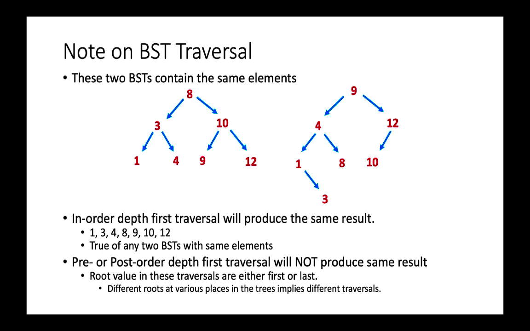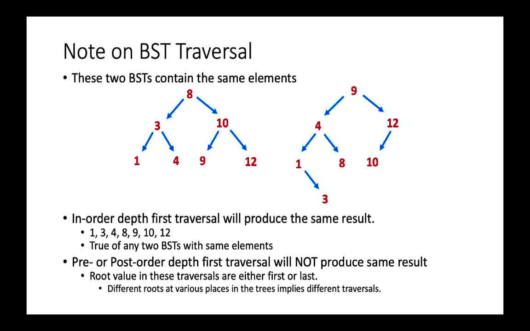All right. One last note about traversals on a binary search tree. If 2 binary search trees contain the same elements, what structure they take is going to depend on their insertion order. Now, 2 binary search trees that were the result of the same sequence of insertions will be the same binary search tree. We can prove that axiomatically, right?